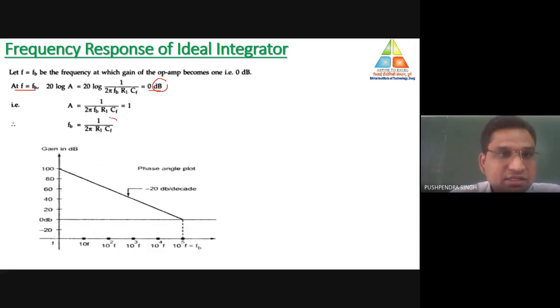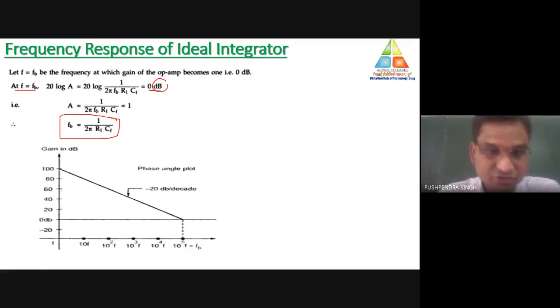From there, 1 by 2 pi fb R1 Cf is equal to 1, or fb equals 1 by 2 pi R1 Cf. So at this particular frequency, the response of the system will cross the 0 dB line. With the help of that, we can easily calculate the frequency at which the gain will cross the 0 dB line.